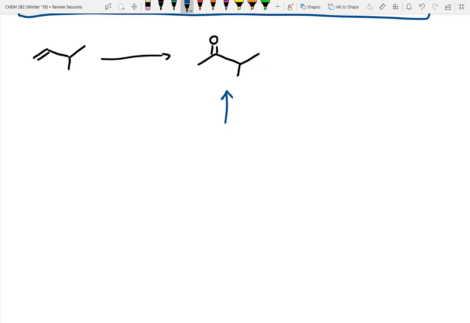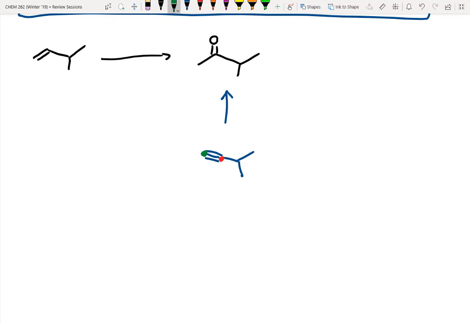But what we could have had was an alkyne that looks like this, right? If we have an alkyne that looks like this, we've got this red carbon that's more substituted, and then we would have this green carbon that's less substituted. In this case, we want the alcohol to add to the red carbon and then tautomerize that to the ketone.